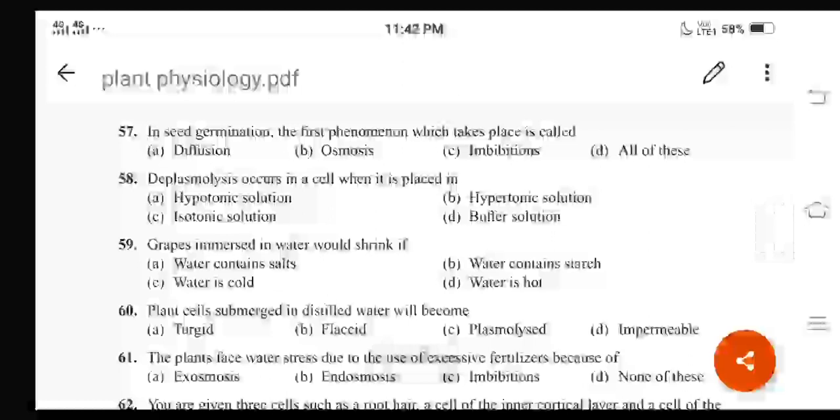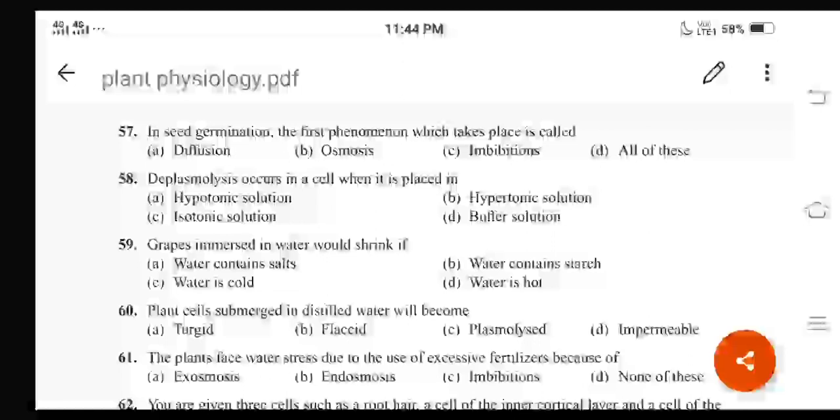Grapes, when they are immersed in water, would shrink if that water contains salt. If that water contains salt, it is nothing but hypertonic solution only, right? Water containing salts means it is nothing but hypertonic or high concentrated solution only. So option A is the correct answer, right?